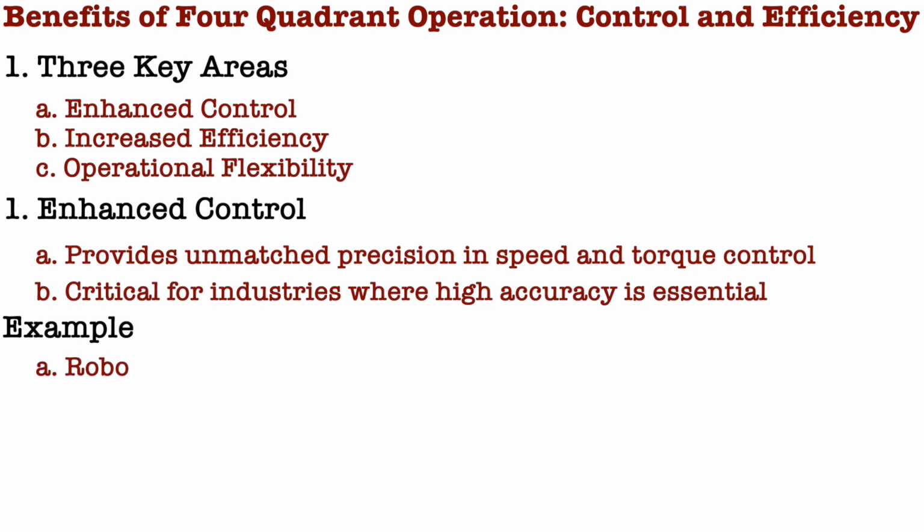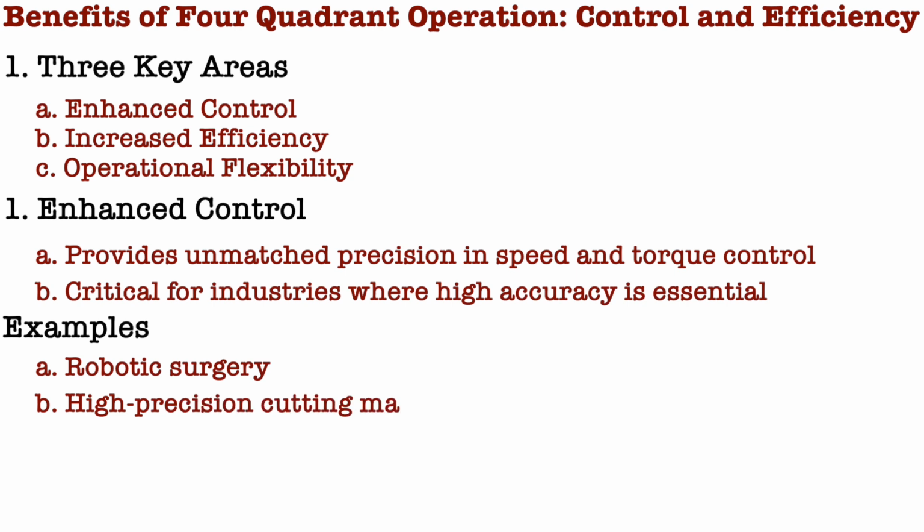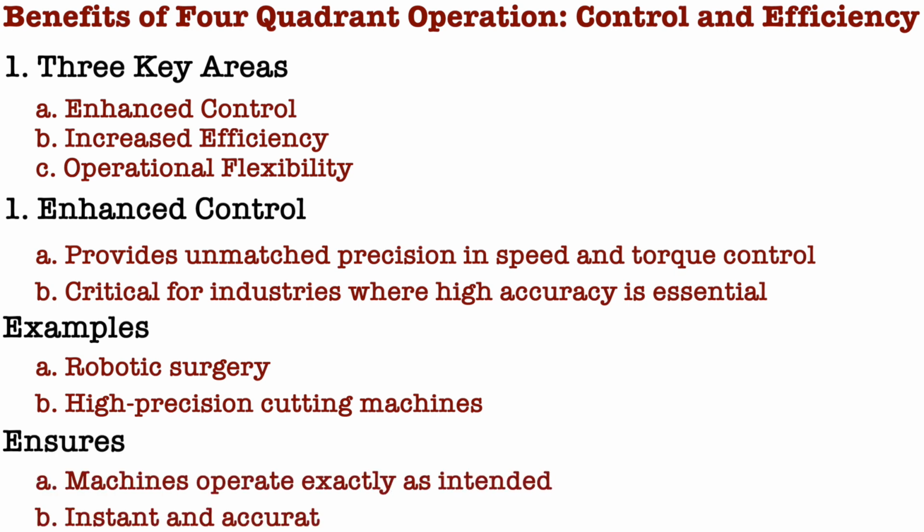Imagine robotic surgery or high precision cutting machines. Here, even a minor deviation can lead to significant issues. So, the 4 quadrant drives ensure that the machines operate exactly as intended, responding instantly and accurately to command changes.